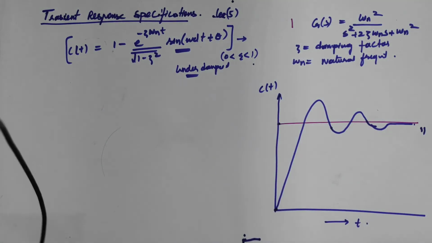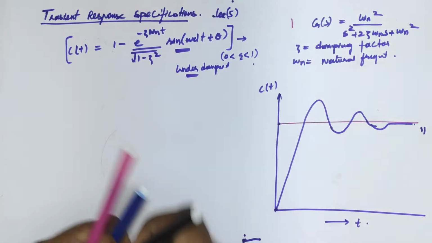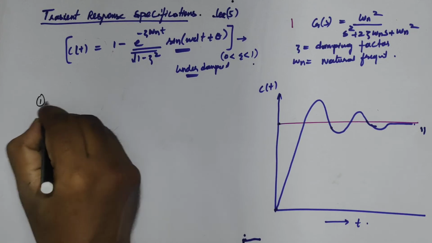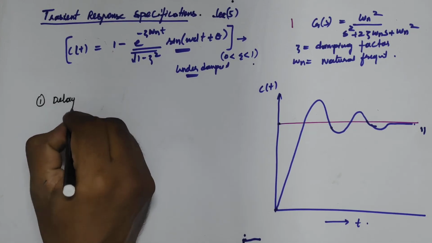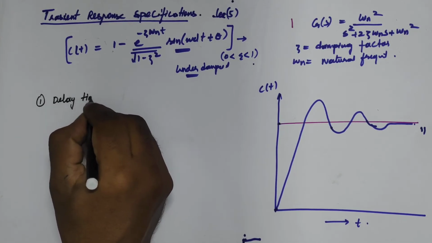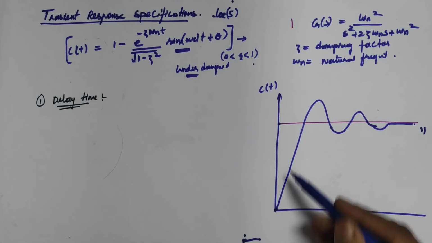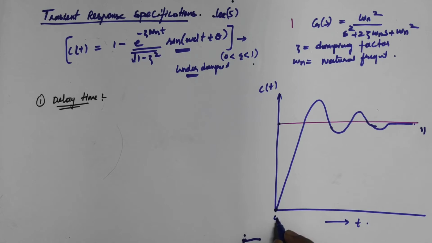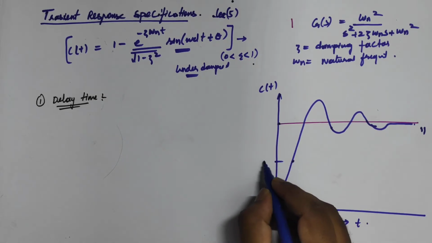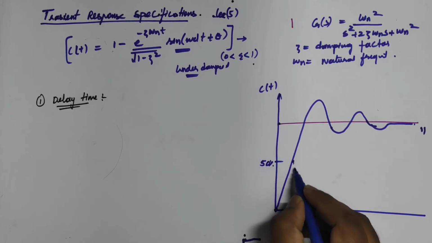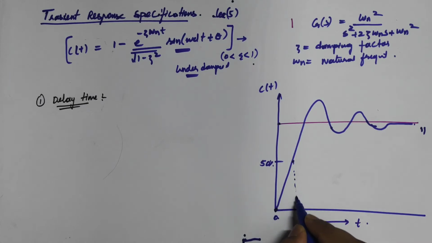In this context we have a few things. The first one is delay time. So what is delay time? Delay time means the time required for the response to increase from 0 to 50%.